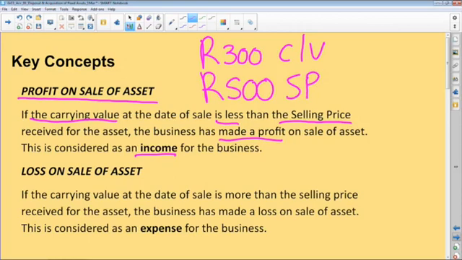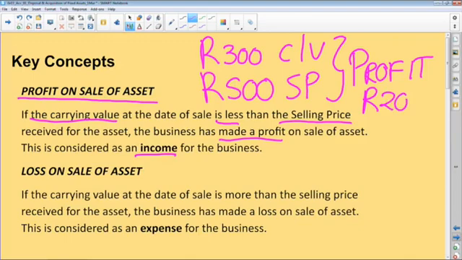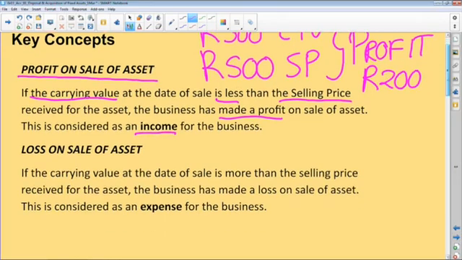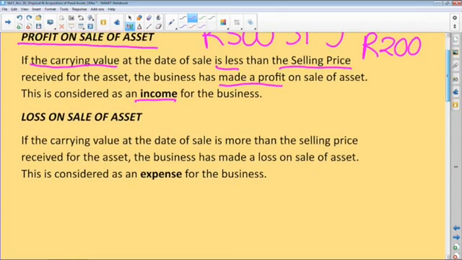The selling price is 500, but the carrying value is 300 Rand. So I've made a profit when I sold this printer, and the profit is the difference between the selling price and the carrying value, which is 200 Rand. Okay, with me? Right, let's move on to the next concept, which is the loss on sale of asset.